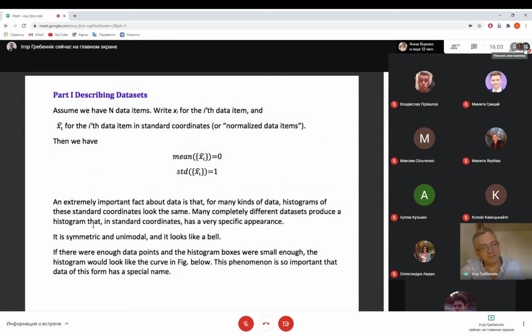And some comments. Let's read the comments. An important fact about the data is that for many kinds of data, histograms of these standard coordinates look the same. Many completely different data sets produce a histogram that in standard coordinates has a very specific appearance. It is symmetric and unimodal, and it looks like a bell.